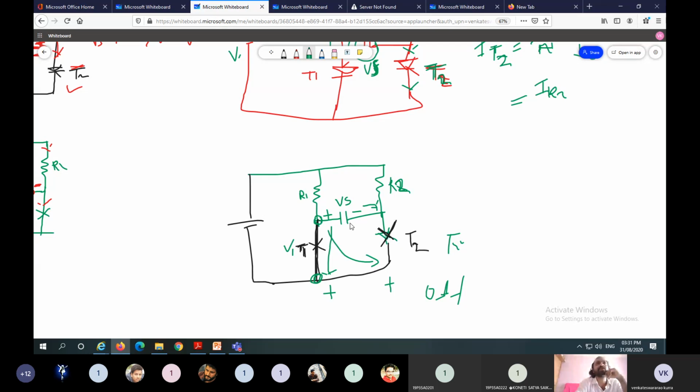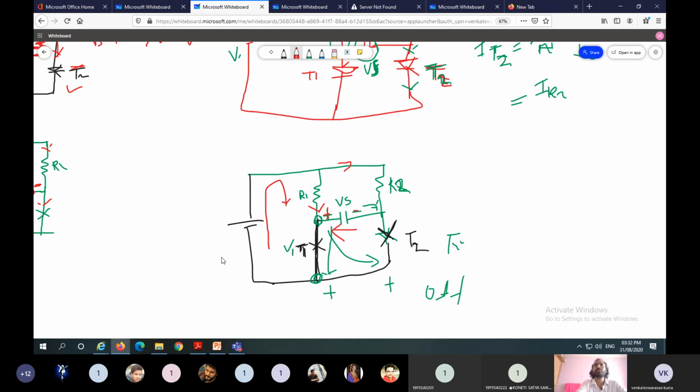Now we observe the behavior of the capacitor in this state. Here the capacitor current flows in this direction because the capacitor polarities are like this, plus and minus. The capacitor current is divided into two parts: one during discharging and another during charging. The capacitor starts discharging, and the main current is supplied through R1.